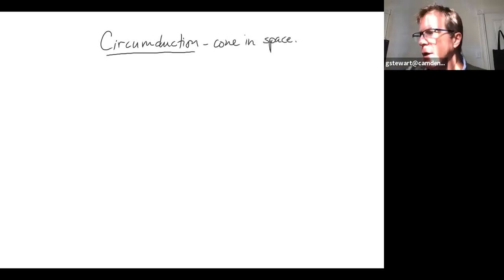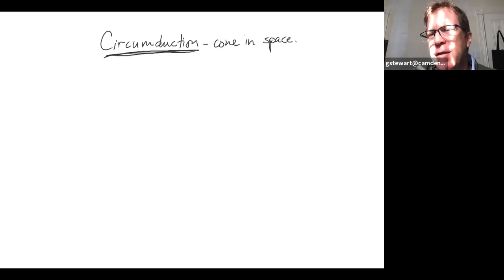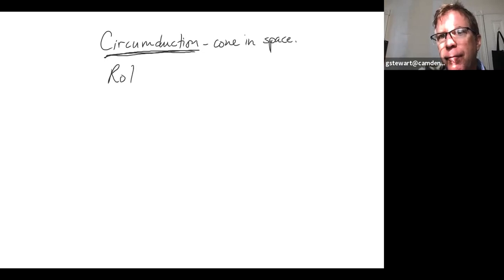Well, if you stick your arm out straight, you keep your elbow straight, and you move your arm, keeping it straight just at the shoulder, and you scribe a circle with your hand, a big circle in space, what you're doing is you're scribing a cone in space. You're circumducting at that ball and socket joint. That's where this happens. That's different from rotation.